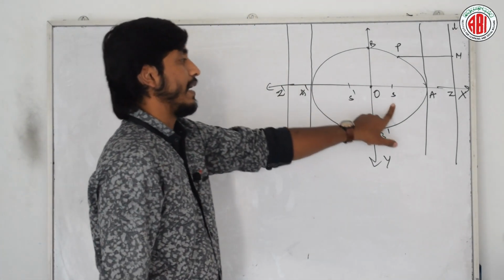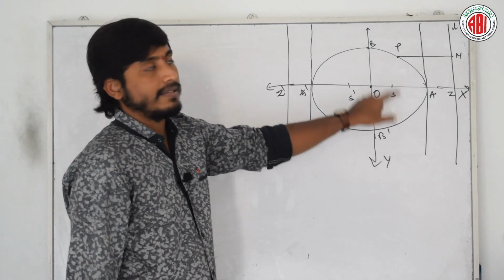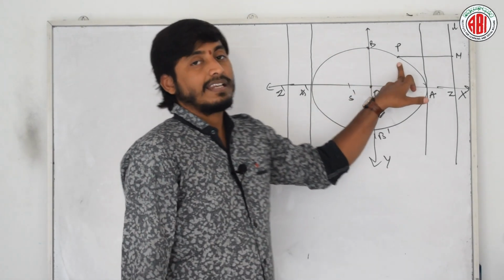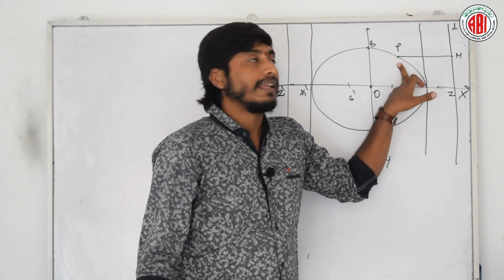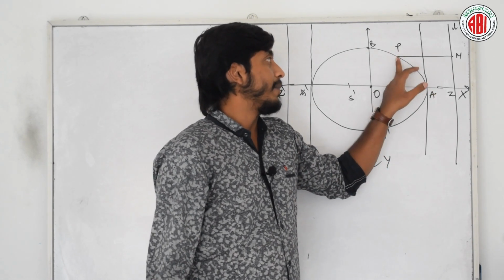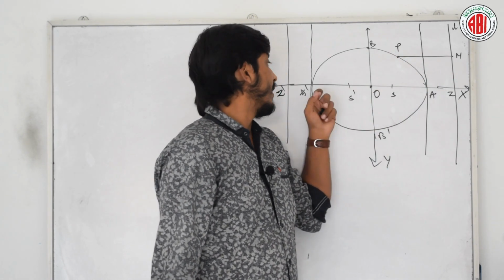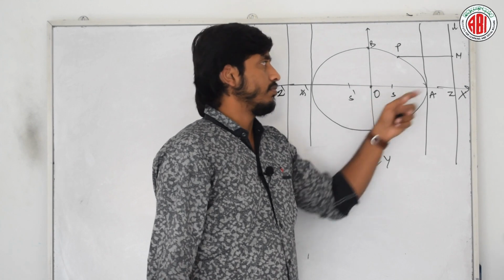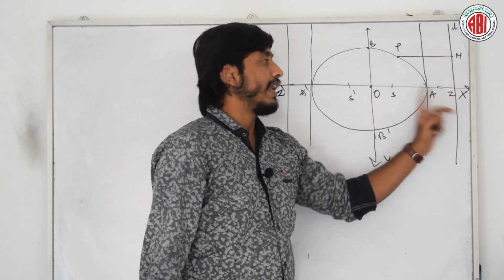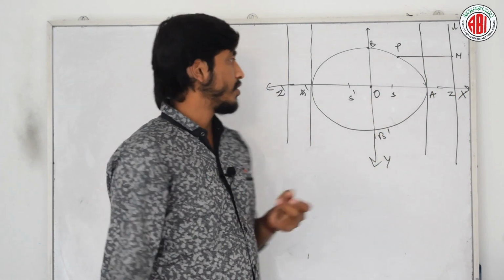What all did we assume? First thing, let us assume S as the focus. Second, let us consider P as a point on the ellipse, where the perpendiculars from P and C on this directrix are M and Z. Is it okay?